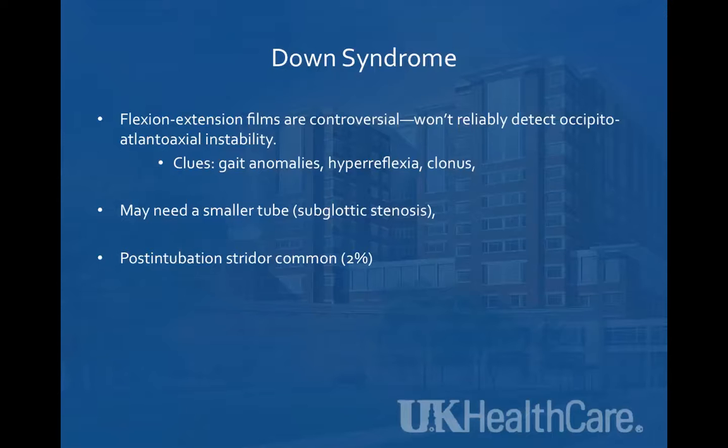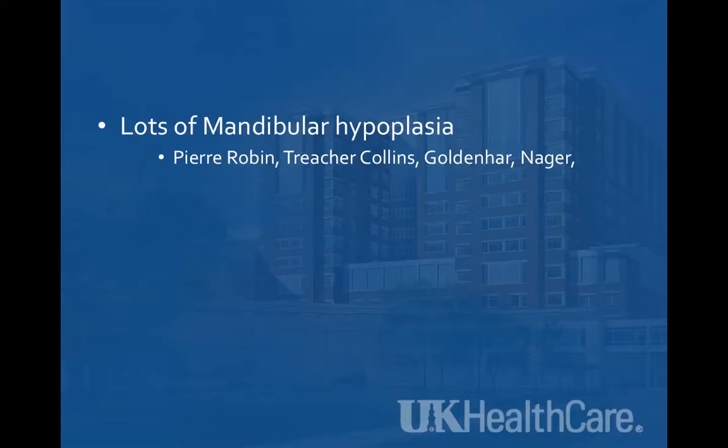To illustrate this point, if you consider the number of patients that actually have symptomatic stridor, if I found a report that says 2% in a Down syndrome population, that sounds like a lot to me. If you consider how many patients on a day-to-day basis have stridor in the PACU, it's not very many. There are lots of mandibular hyperplasias, the Pierre Robin.